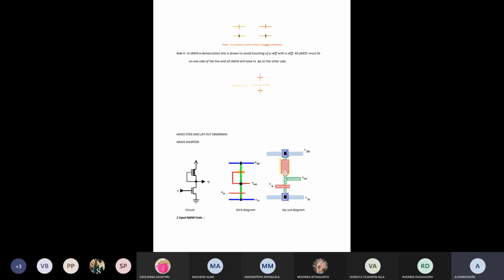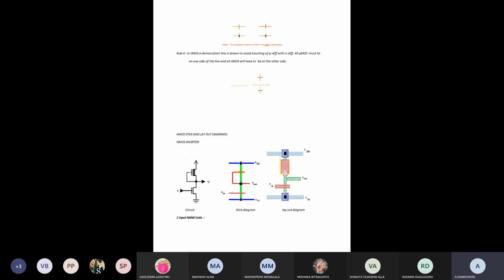This same stick diagram will be extracted in a scaling manner. For the stick diagram we need not use any measurements, but we have to use appropriate scaling.